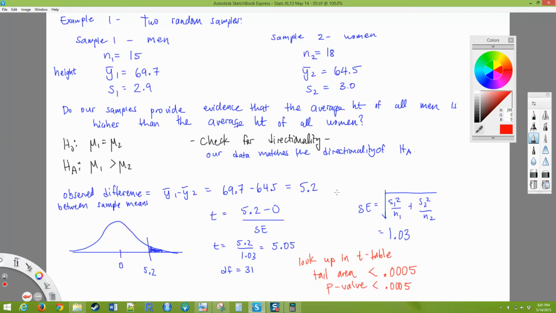So if men and women truly had the same average height, or if you just had two groups that have the same average height, what's the probability that two random samples would be so different as to produce a difference of 5.2 inches? The probability of that happening from random sampling alone is less than 1 in 2,000, is what this is saying.